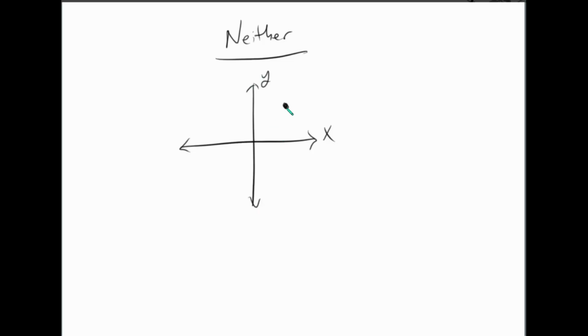So maybe we have a discrete point here, a discrete point there, but then we have parts of it that are continuous, like here or down here. We can see that there's parts of this that are continuous and parts of it that are discrete. So since it has traits of both of those, we would simply classify a graph like this as neither.